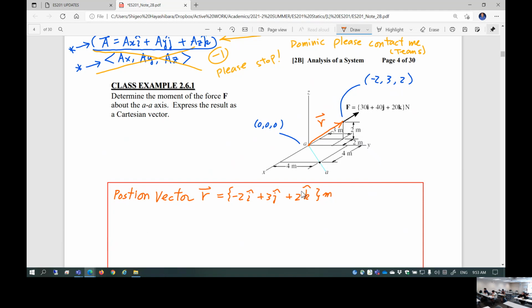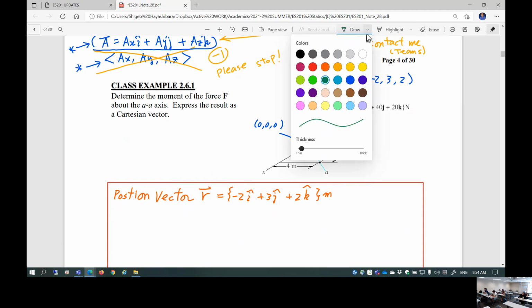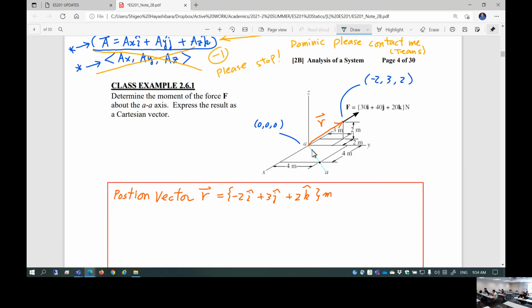So from here, next, I want to specify the line AA. By doing so, let's find out the unit vector U in the direction of AA.